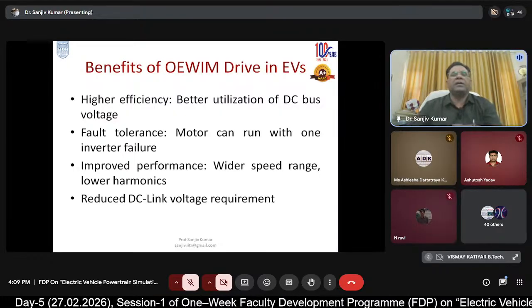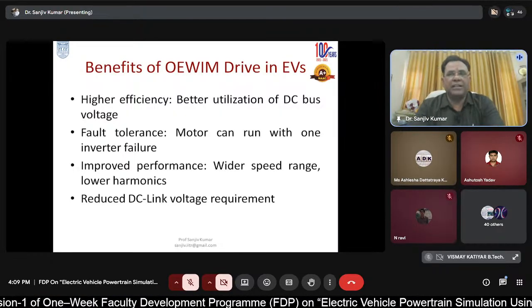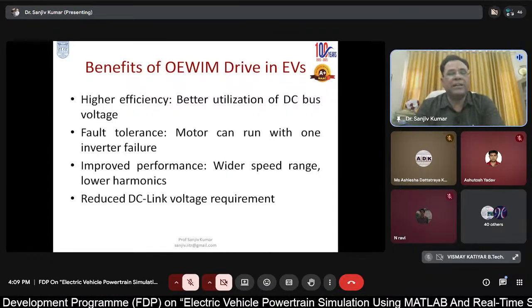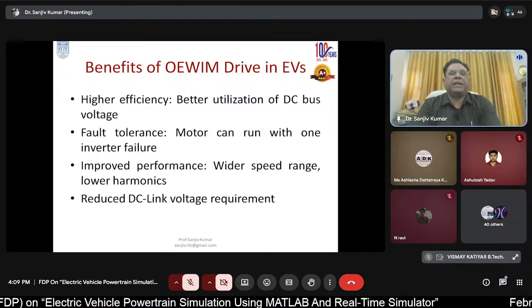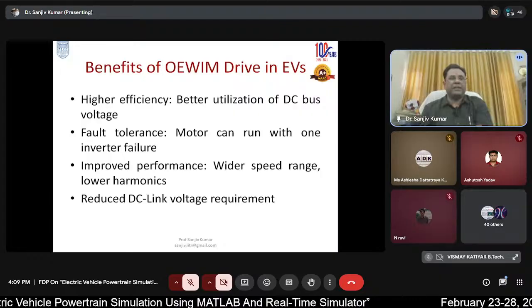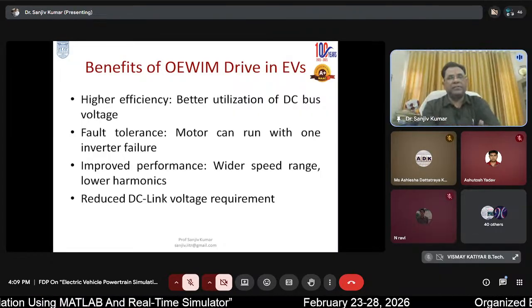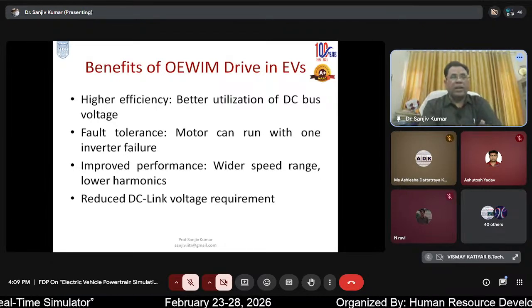The benefits of this open end winding based induction motor, particularly in EVs: the first and most important thing is that battery size is reduced. You can use two small batteries rather than one big battery. The utilization of DC bus voltage is quite high.